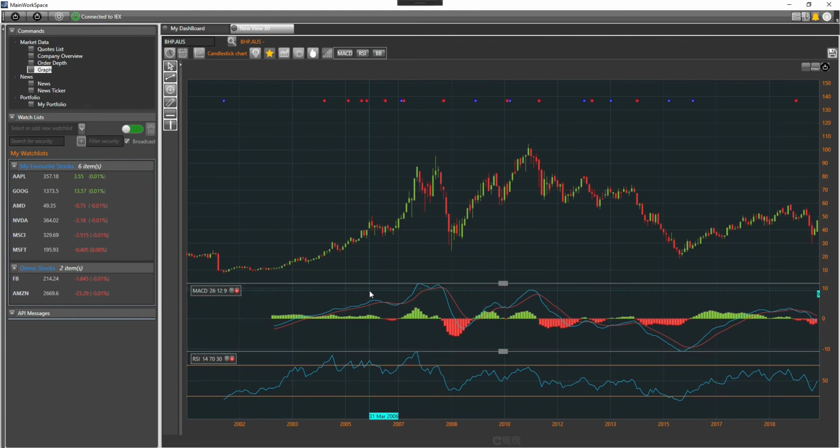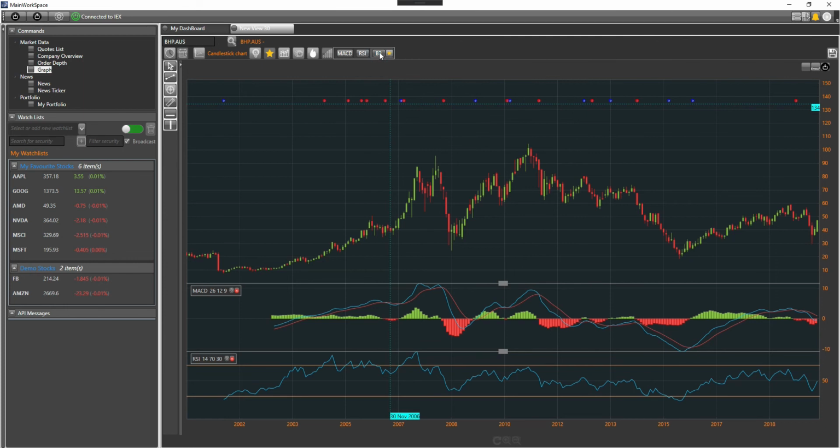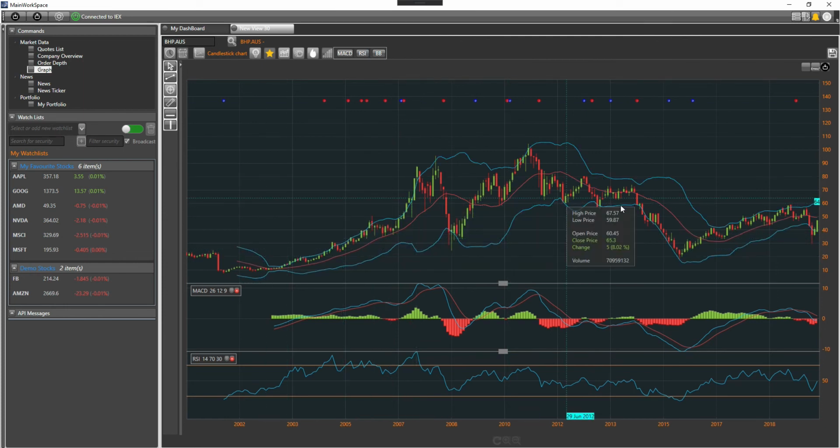So it helps when you're using both together. The Bollinger Bands are basically three lines drawn on top of the price trend. You get the upper band, that's this blue line here, and then you have a middle band, that's more like the average of the price, and then you have a lower band here.